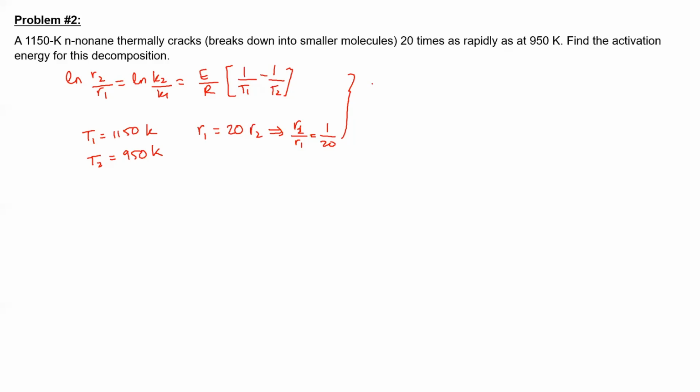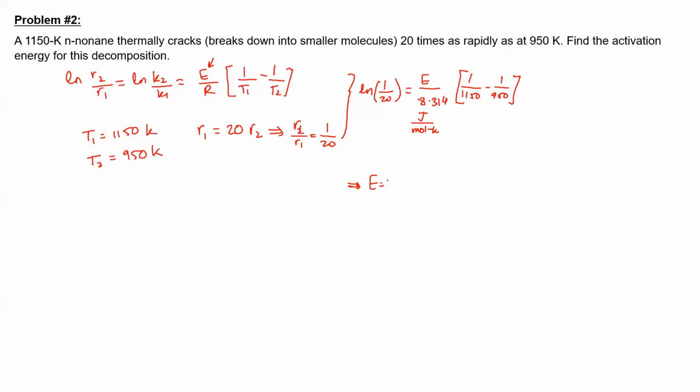So ln of 1 over 20 is equal to E, and again, you're looking for the activation energy, E over 8.314, in units of joule per mole per Kelvin, multiplied by 1 over 1150 minus 1 over 950. If you do this calculation, let's plug it in, and you're going to get an E of what?